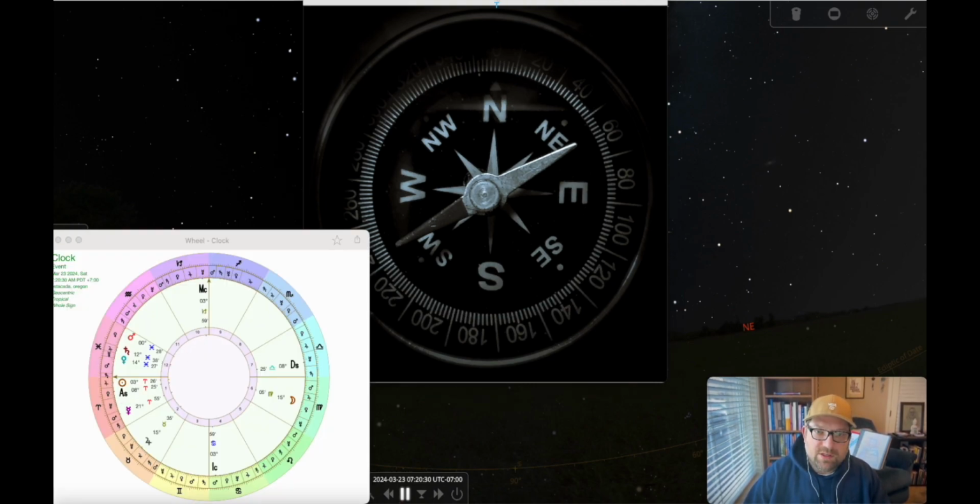In an astrology chart, rather than west being on the left, east is on the left, and west is on the right. So when you do this, that also changes the north and south. So now, instead of north being at the top, south is at the top, and north is at the bottom.